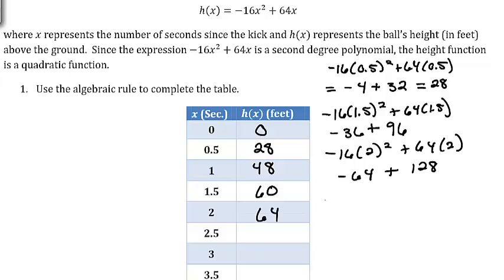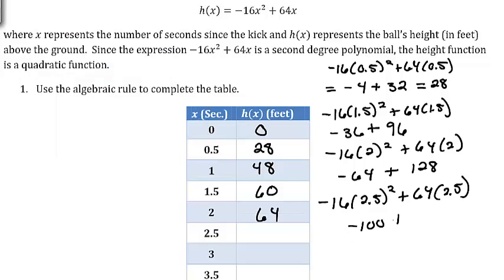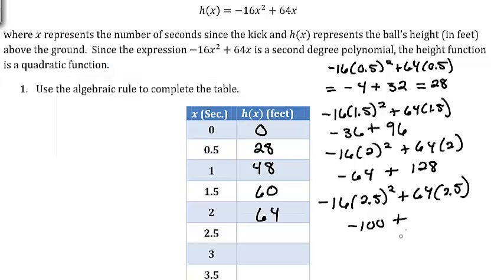And then we want to plug in 2.5, so negative 16 times 2.5 squared plus 64 times 2.5. 2.5 squared times negative 16 gives us negative 100, plus 64 times 2.5 gives us 160, and so that'll be 60.